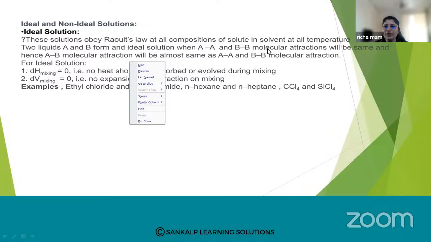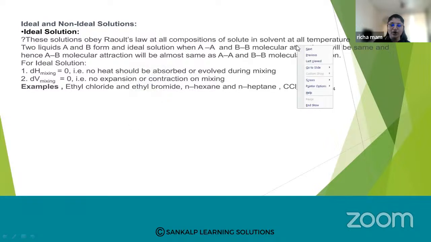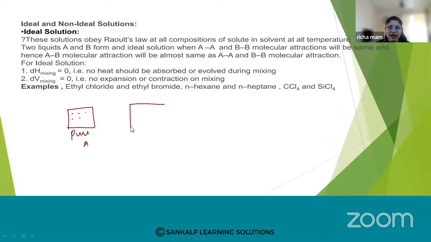Here we discuss the interactions. Suppose I have two different beakers. In one beaker I have pure substance A, and in another I have pure B. So here all the molecules are of B, and here the molecules present are only A. These are the two pure substances.